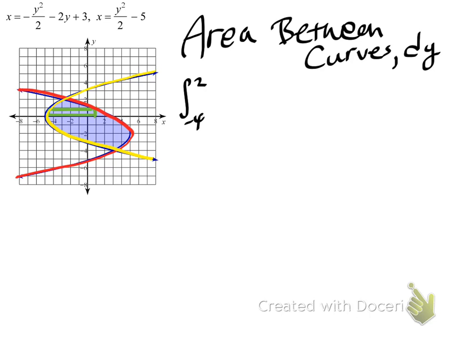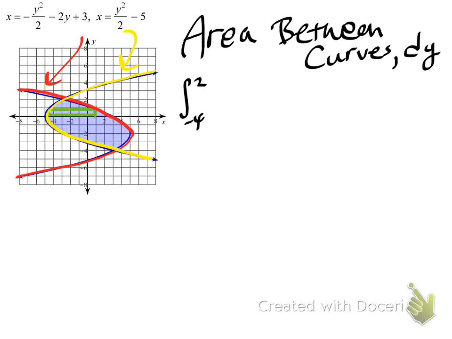If I plug in y equals 0, I get -5, and the function that has an x-intercept of -5 appears to be the yellow one. And likewise, plugging in 0 gives an x-intercept of +3, and you can see that would be the red function here.